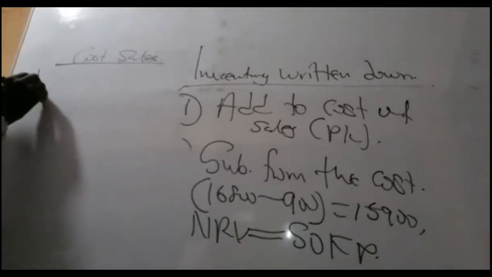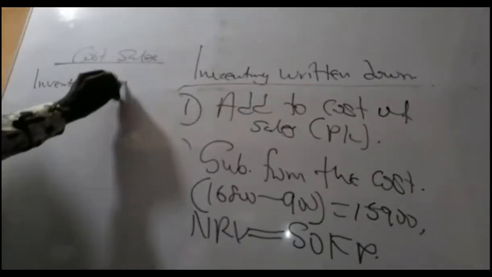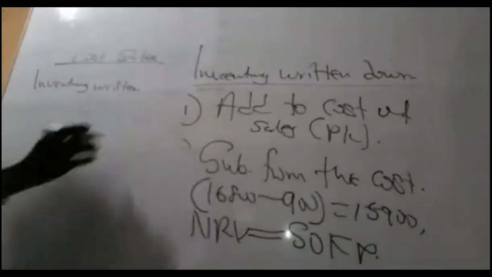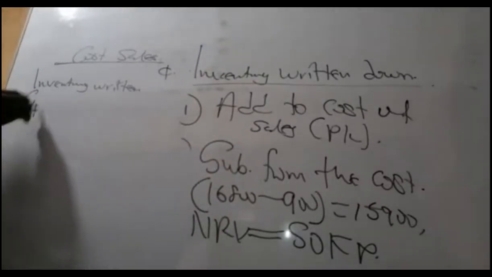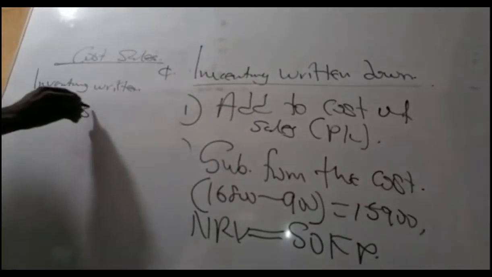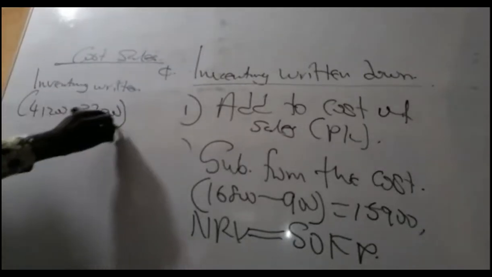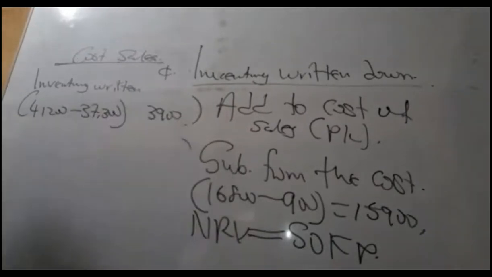So write your inventory written down. I'll put the figure here. Then compare. The cost is 41,200 less the NRV 37,300. Then I'll get 3,900.